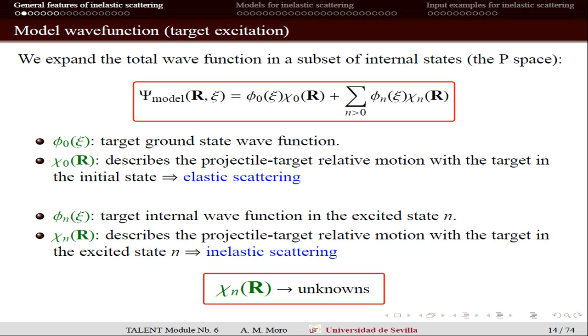One could, of course, do a more general development of the coupled channels, including both internal degrees of freedom of the projectile and the target. And in some cases, both of them will be important because both of them can get excited. But just to simplify our life, since we are thinking of a proton, the excitation of the proton will not be important. The only internal degrees of freedom that appear explicitly are the target degrees of freedom. But you are right, one could be more general than that.